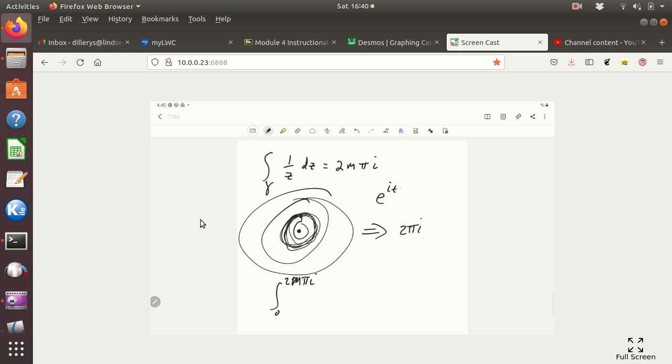So we would have 1 over e to the it, times i e to the it, because of the derivative, dt. Of course those cancel and you just get i, and there's 2m pi i.